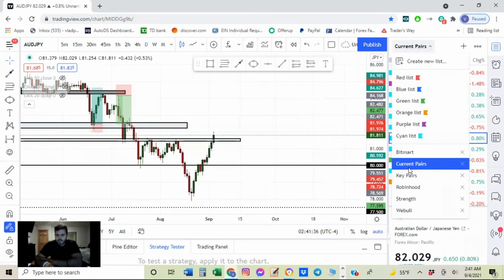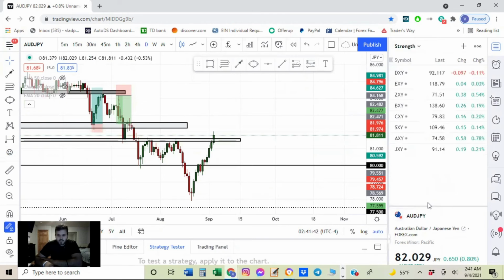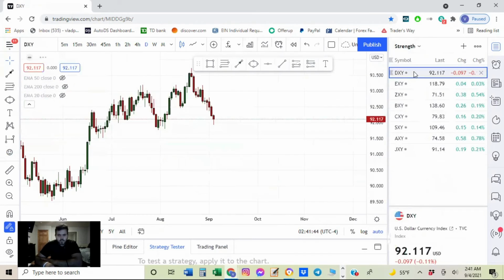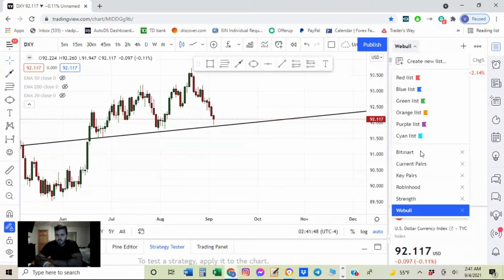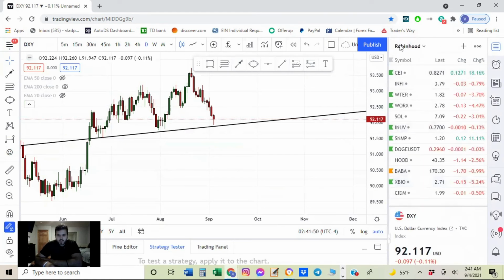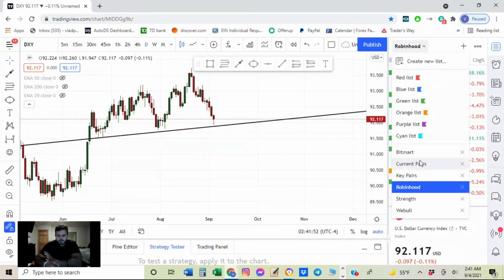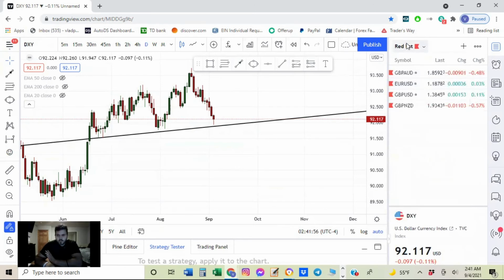I have current pairs that I'm looking at, key pairs that I focus on a lot. I have the strength of all the pairs, which is also a good thing to look at. I have Webull, Robinhood, everything organized.